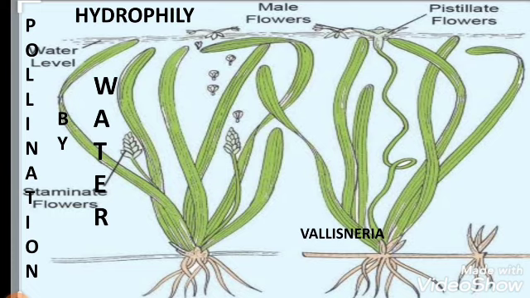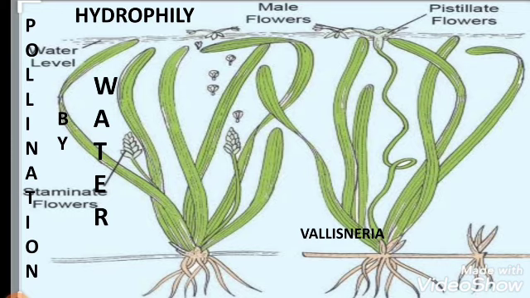Hydrophily, pollination by water, usually occurs in aquatic plants, meaning plants which grow in water like Vallisneria and Hydrilla. Here the pollen grains are transferred to the stigma of a flower while moving with the water current.